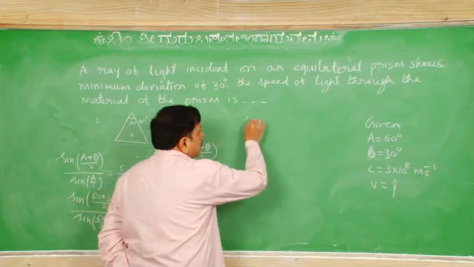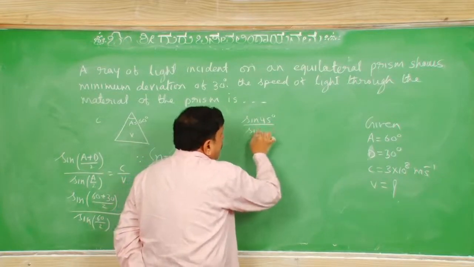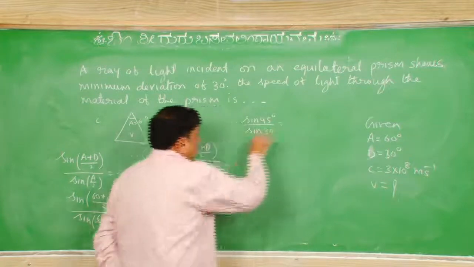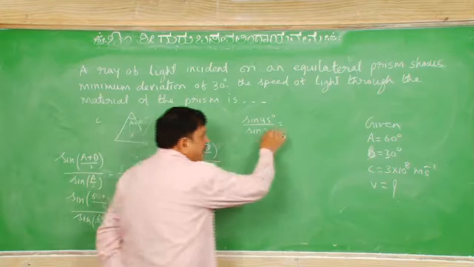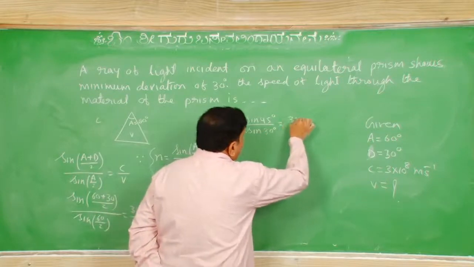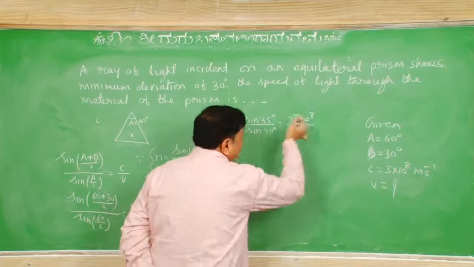So sine of 45 divided by sine of 60 divided by 2, which is 30 degrees, is equal to 3 × 10 power 8 divided by V.